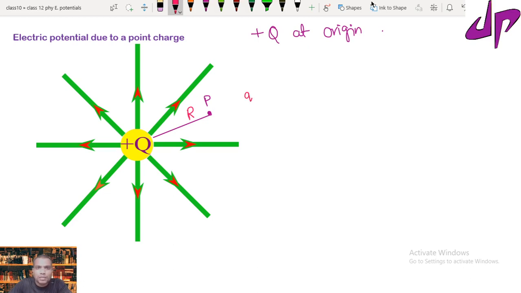My test charge here is small q, or you can take q naught, which is at a distance small r from the origin. Let's consider this point A.